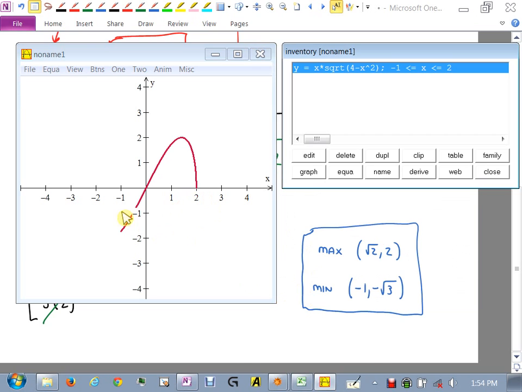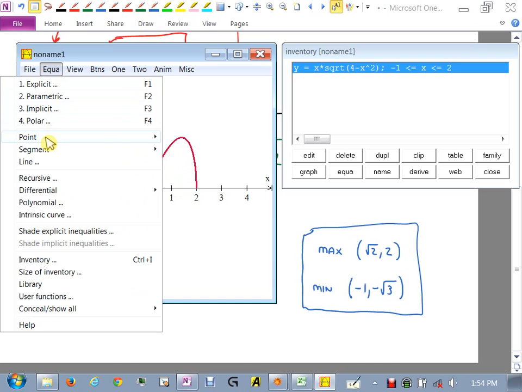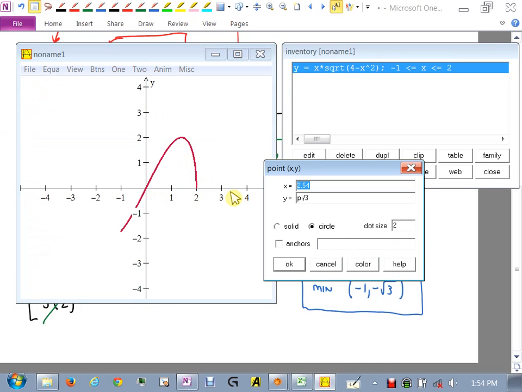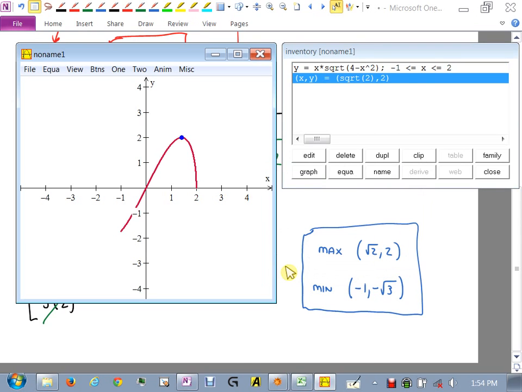So I was just looking here, and I said that I should have an answer of, one of them was what? It was √2, and then 2. So when I plot this point, I should get a dot at the highest point on that graph. Sorry, it was the max.